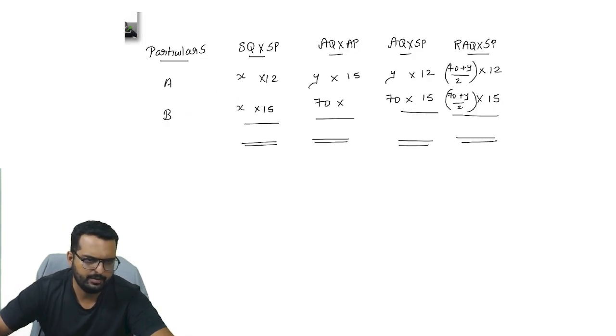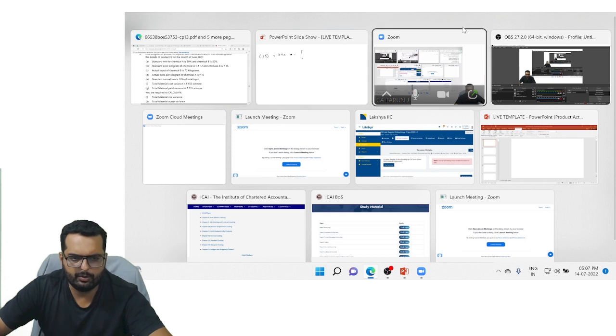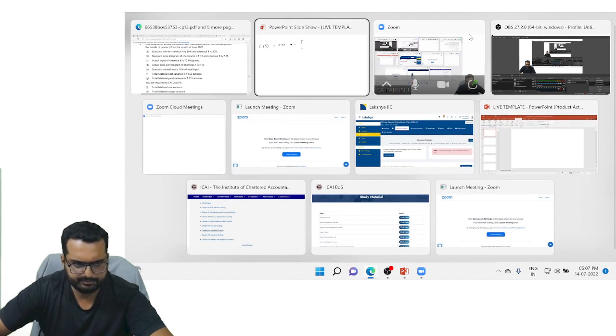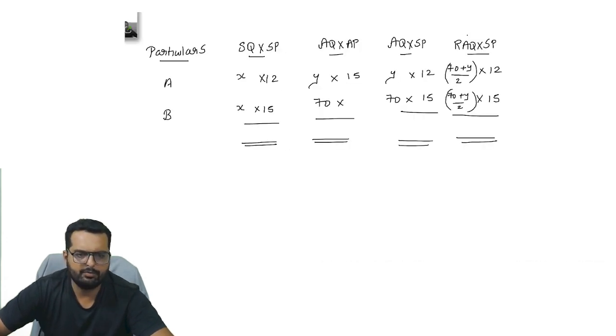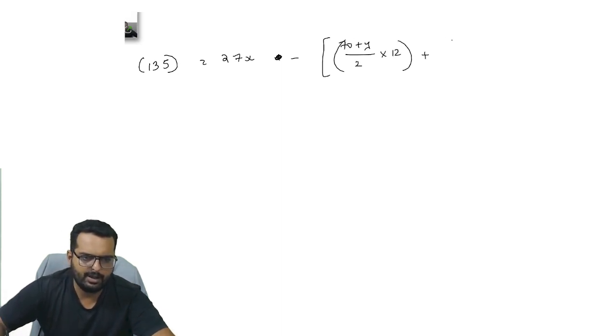How much is 1? 1 is going to be 12x plus 15x, that is 27x, minus 4. 4 is going to be what? 70 plus y divided by 2 into 12 plus 70 plus y divided by 2 into 15.